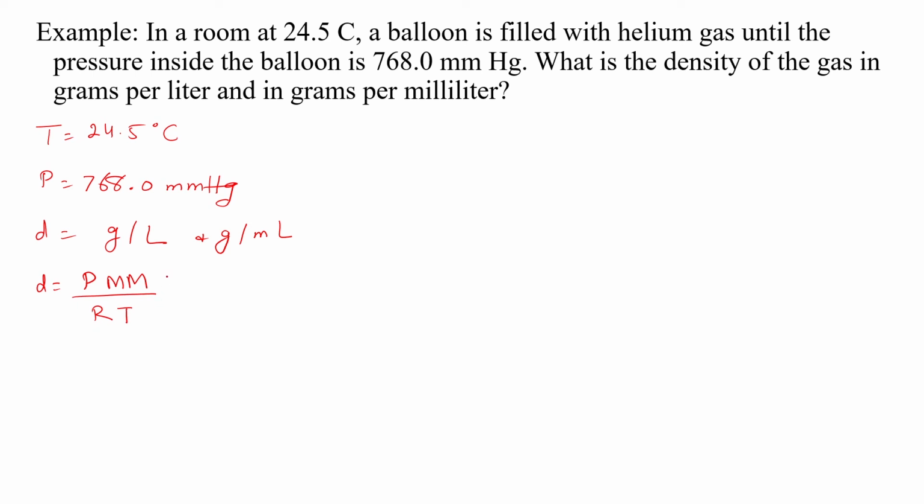For molar mass, the name of the gas is given, and from this name, you can find the molar mass of helium from the periodic table. Helium is a monoatomic gas. Its molar mass from the periodic table is 4.00 grams per mole. We have R here, so we have to make sure that this pressure is in atmosphere. For temperature, regardless of whether we are using R or not, we have to make sure that we convert it to Kelvin.